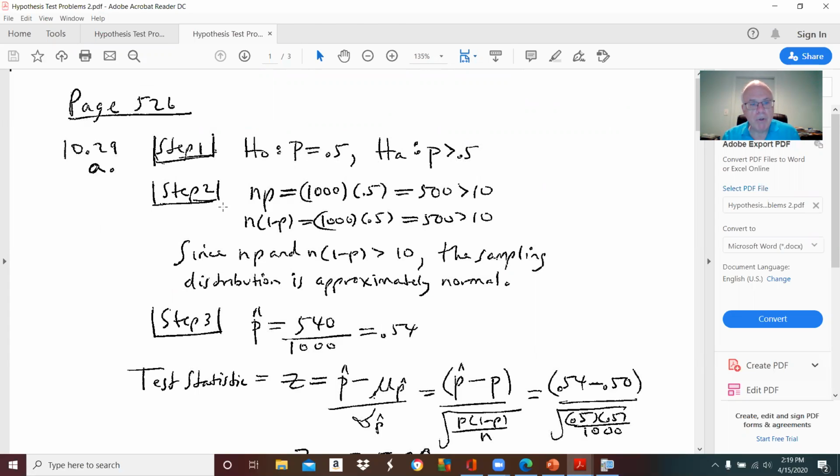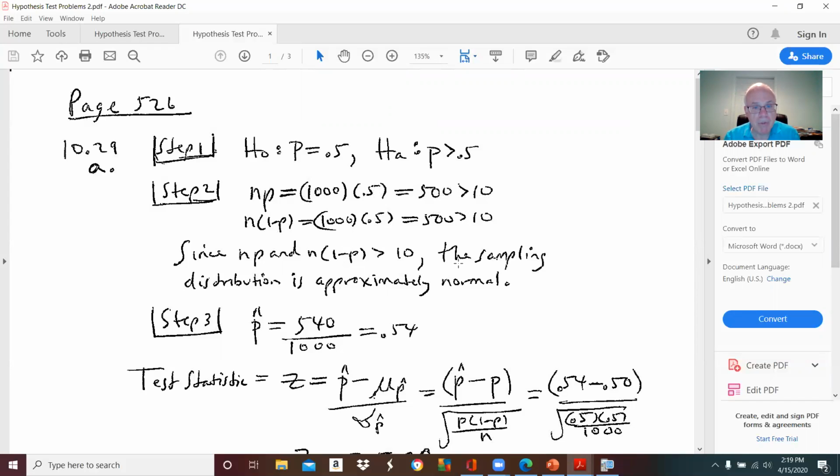Step number 2, we're going to establish normality. Now, this is a random sample. We're going to conclude that the sample size of 1,000 is much smaller than 10% of the population size. So that's good. And then we have to see if n times P and n times 1 minus P are greater than or equal to 10, which they clearly are.